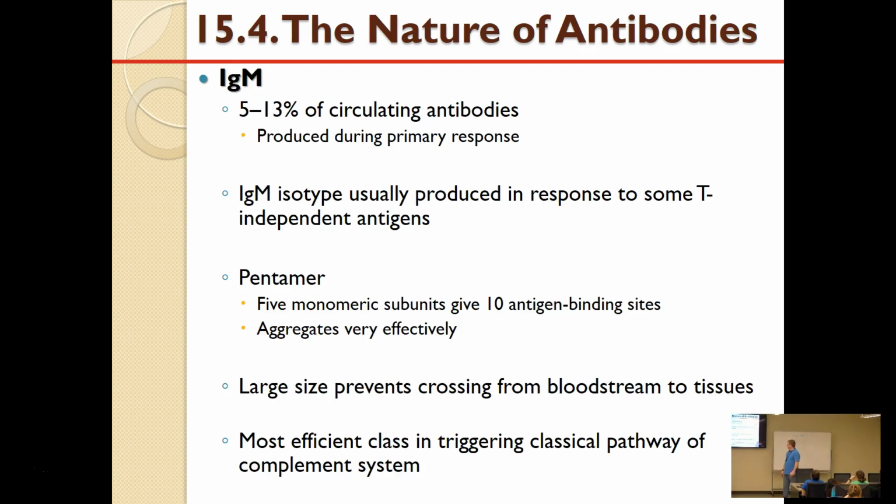Large size prevents crossing from bloodstream to tissue, so this is problematic. We only find the IgMs in the bloodstream. If we need to get antibodies over to a site of infection that's on the other side of the bloodstream, then we need the IgGs, the IgAs, or the IgEs to be involved.